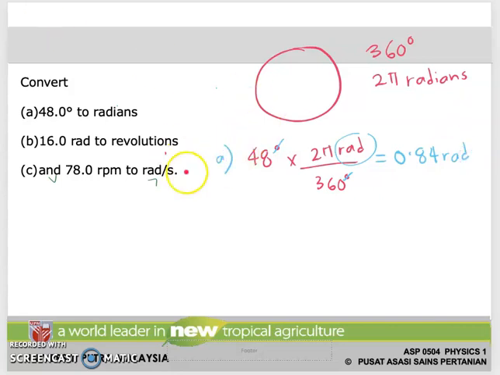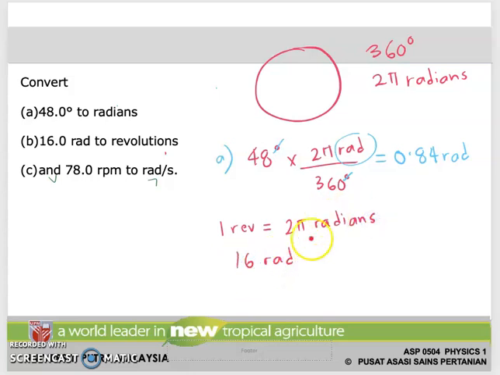Part B, 16 radians to revolution. How do we convert radians to revolution? 1 revolution or 1 complete circle equals 2 pi radians. So 16 radians.